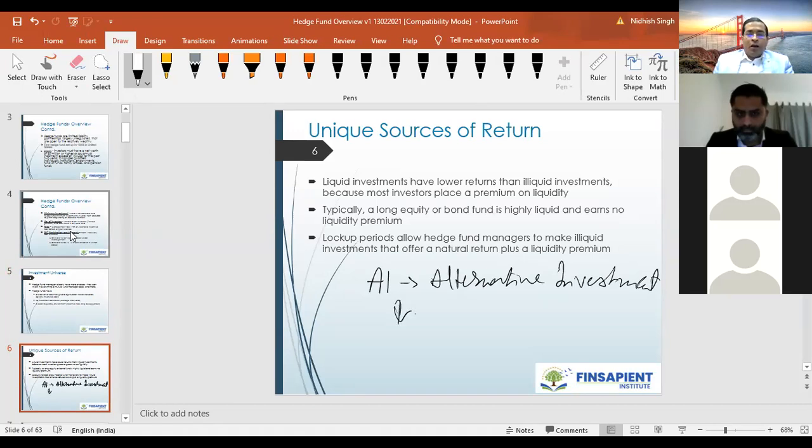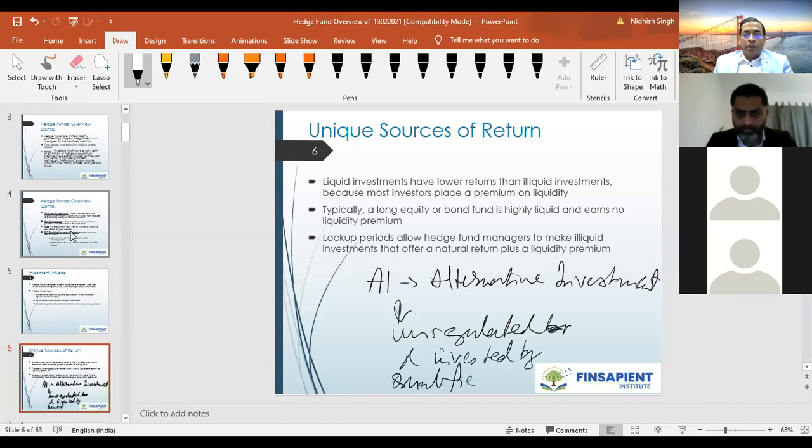this is largely unregulated and invested by qualified investors, right? We all know this one by now, because they have to have a sufficiently large asset pool, plus they also need to be able to bear risk.